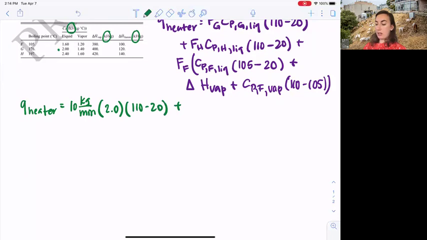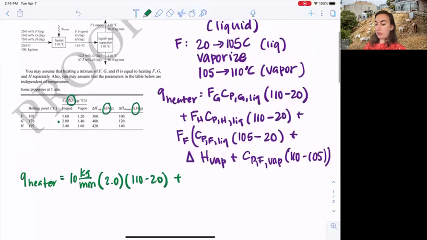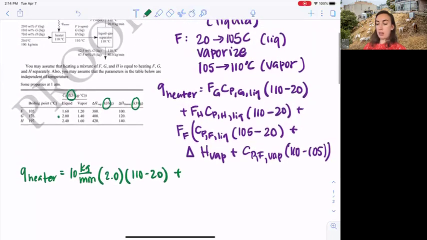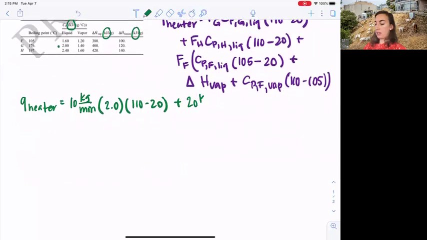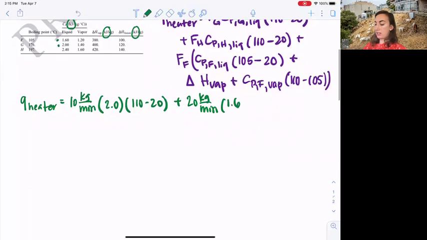And then we're going to do the same thing for F. So our flow rate of F, we have 20 weight percent F and a total of 100 kilograms per minute in that stream. So if we multiply those, we'll have 20 kilograms per minute of F. Its heat capacity as a liquid we can find here. So that's 1.6.